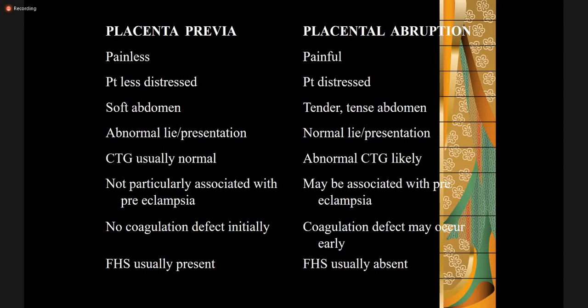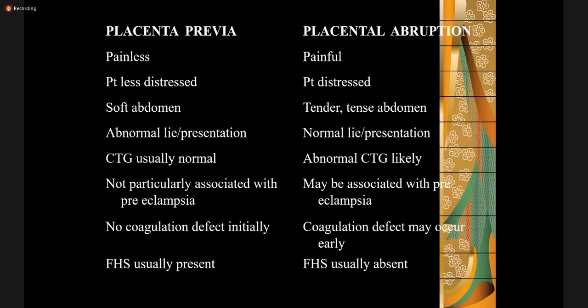Placenta previa means the placenta is in the lower segment. Normally, the placenta is in the upper segment, posteriorly. That is the normal situation. There are categories, major and minor. Whenever there is major placenta previa, it may lead to bleeding. When the placenta is occupying the lower segment, the presentation of the baby may be abnormal: the head may be free, or the baby may be in transverse lie.